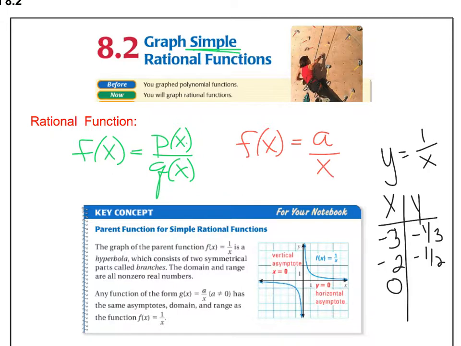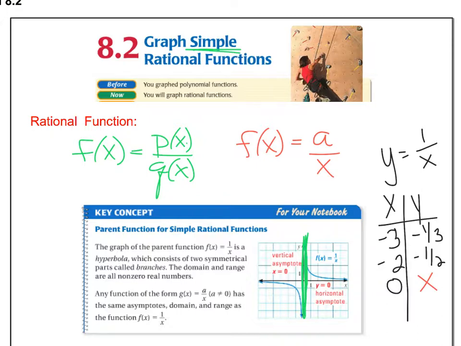You're not allowed to put a 0 in the denominator. You hopefully remember that. And so that is what is producing this vertical asymptote right here. When x equals 0, you end up with a 0 in the denominator, which is just not allowed. And so it is a place where our curve cannot cross because we can't enter 0 as an input.